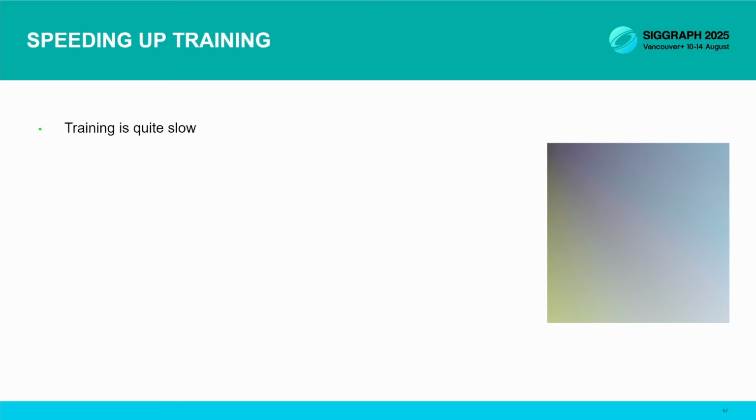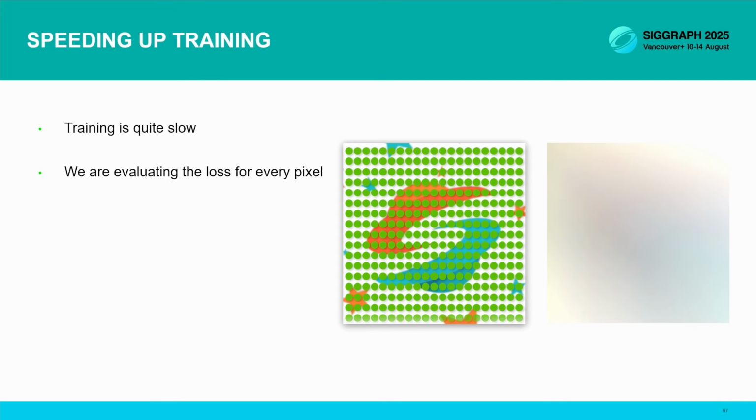So let's debug what's going wrong here, right? Well, the first thing you'll notice when you fire up the training example is that this actually runs quite slow. And the reason for this, in part, is because we use the same strategy as we used for the bitmapping example, and we evaluate the loss exhaustively for every pixel in the texture.